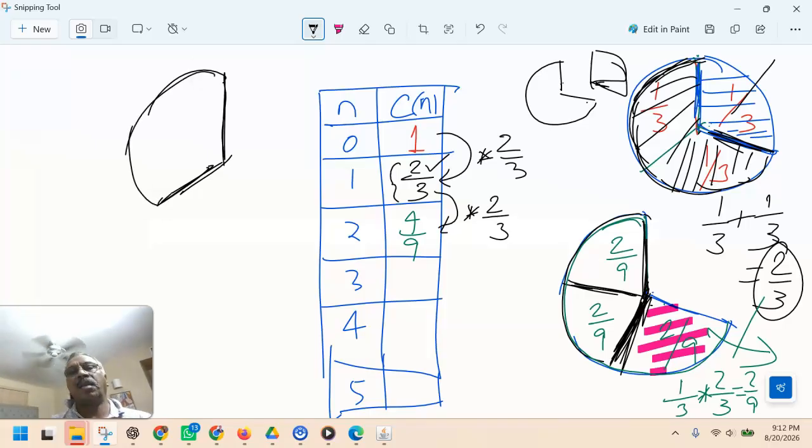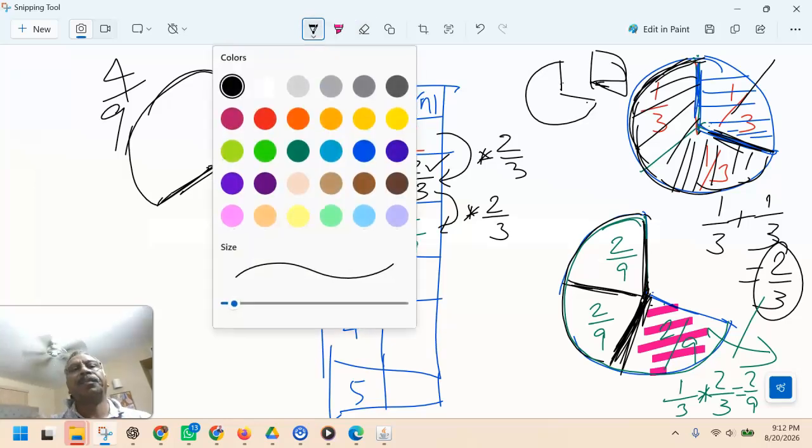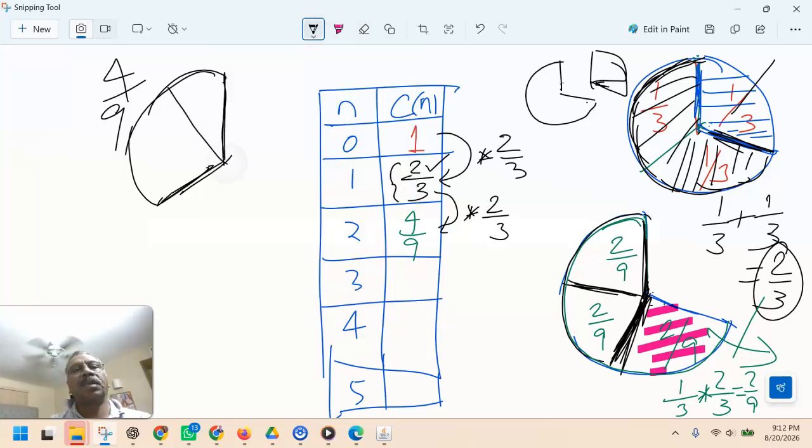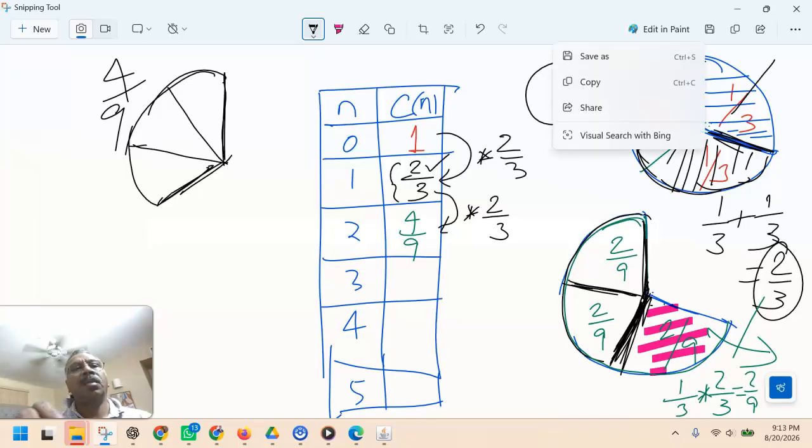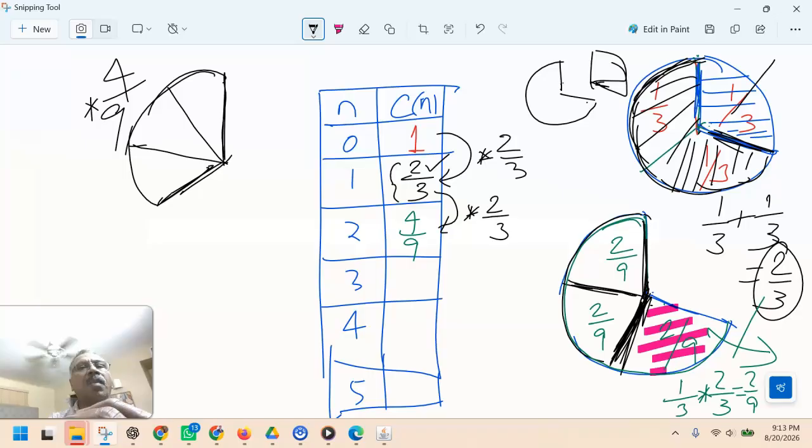The whole thing is 4/9. But I can break this into three pieces. So each piece will be how much? If you multiply this by one-third, this will be 4 over 3 times 9, which is 27. So each is 4 over 27, 4 over 27, 4 over 27.